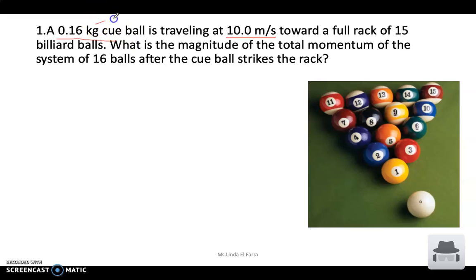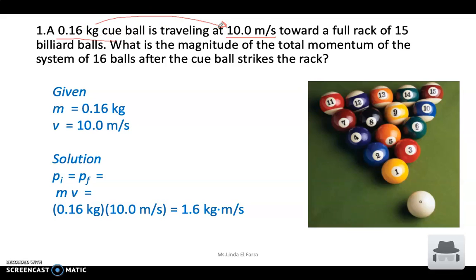All I need to do is multiply mass times velocity. So P initial equals P final. I multiply mass times the velocity, and it will give me the final answer. And of course, don't forget the unit. Mass is kilogram, velocity is meter per second, so kilogram times meter per second.